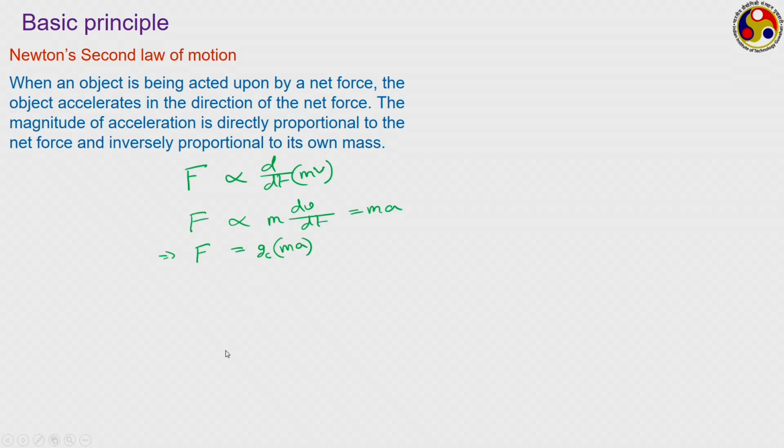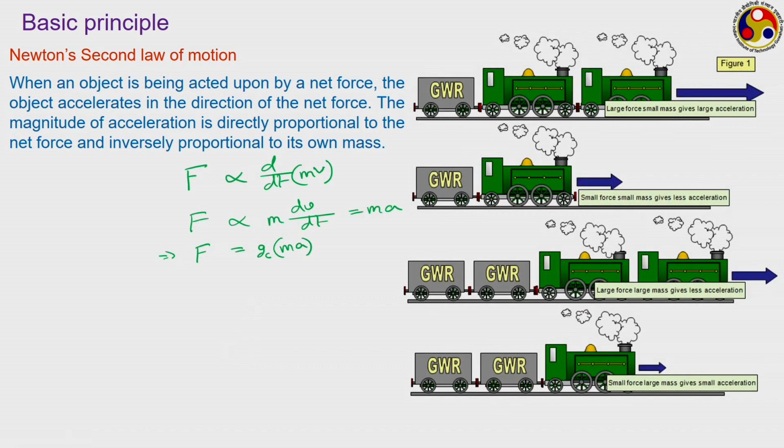Before I come back to this, here is a very common example of what we are talking about in conjunction with Newton's second law of motion. Here one mass is being dragged by two engines which are putting identical force, so there is a large force acting upon a small mass, and we have a large acceleration. The length of this arrow is proportional to the acceleration.